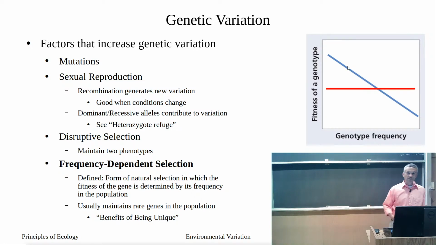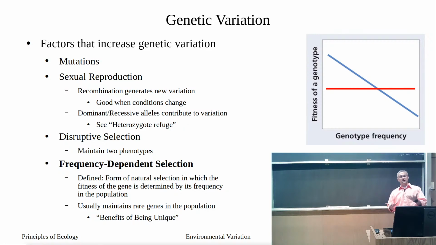So it's not necessarily how well your adaptation does in the environment. It's more about how well does your adaptation do compared to everything else in the population. So, if you're super common, oftentimes you're going to be less fit than if you're super rare. All right? And because of that, if you're rare, your fitness is going to be higher than if you're common.